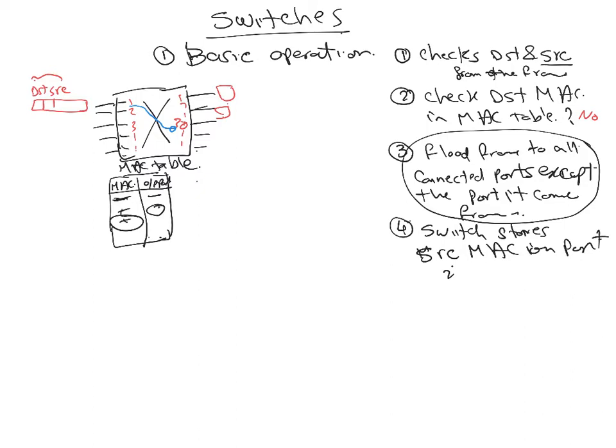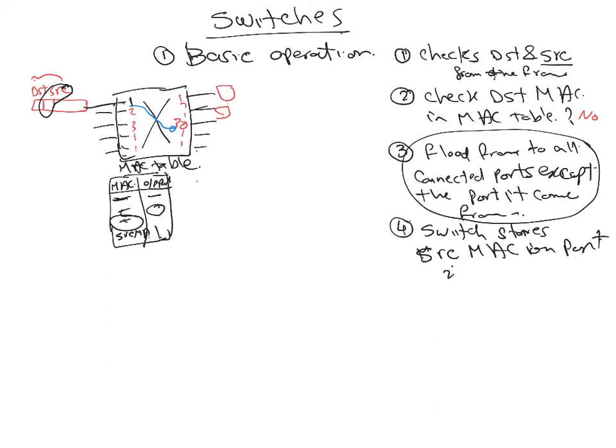Remember, I don't know where the destination is connected to, but what I really know for a fact is that this frame, and the MAC address of the source is stored in the frame, actually came through port 1, right? That I know for a fact. So in that case, I will put the source MAC and port 1. Okay, this is a very, very important step because this step contributes to accumulating knowledge.